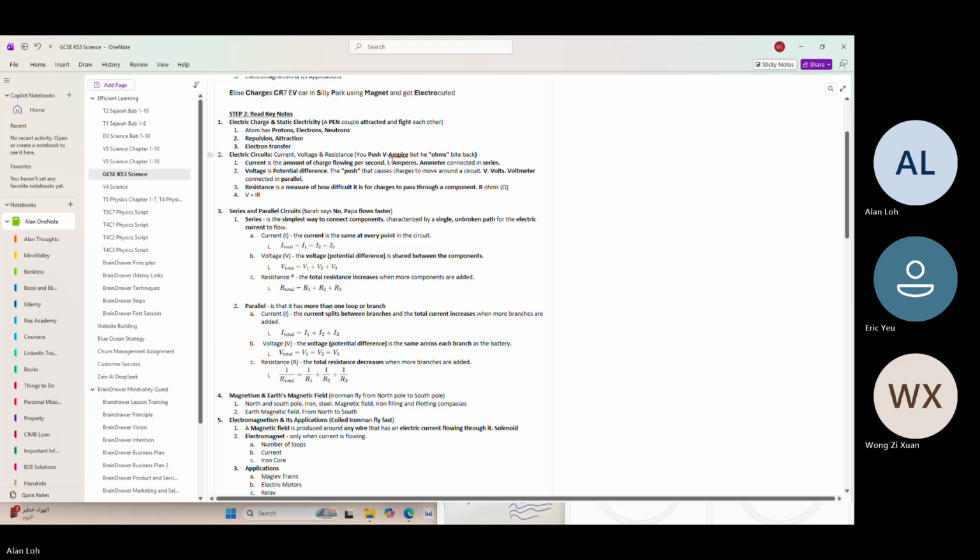Vampire push is to represent this potential difference. The definition of the potential difference is that push that causes the charges to move around a circuit. All right. So this push is to help you to remember that there is this term push related to this drawer number 2, and it will be related to the definition of potential difference.